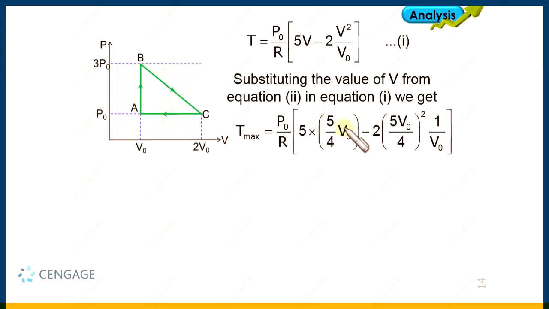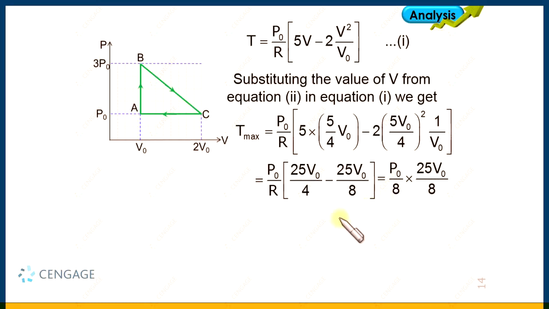This is 25 V naught divided by 4, and again you can observe here, this is 2 into 25 over 16, that is 25 divided by 8 V naught, right. So, on final solving, the value is 25 P naught V naught divided by 8R. That means the maximum value of the temperature during the process is 25 P naught V naught divided by 8R.